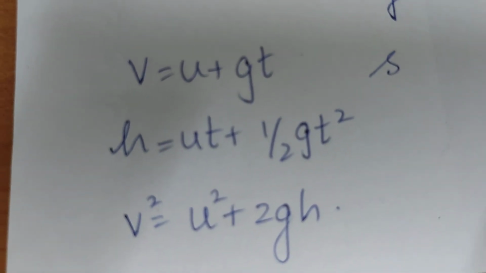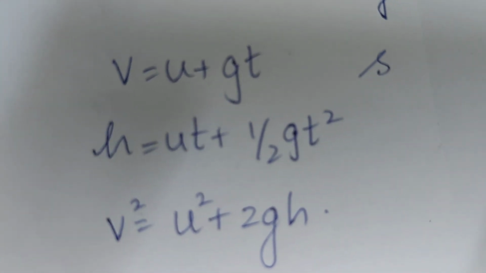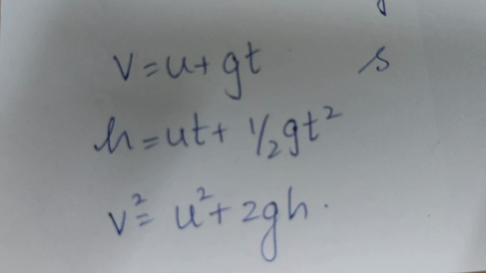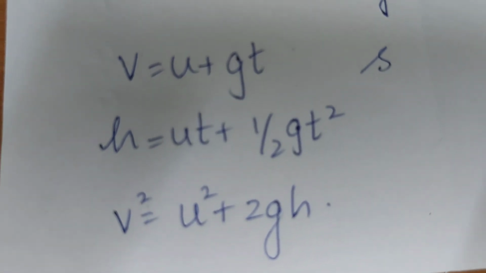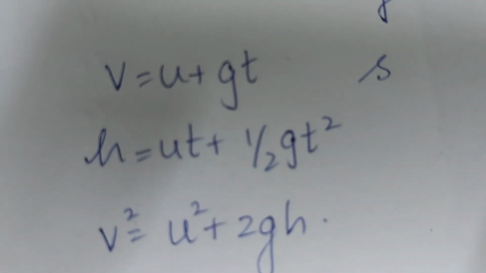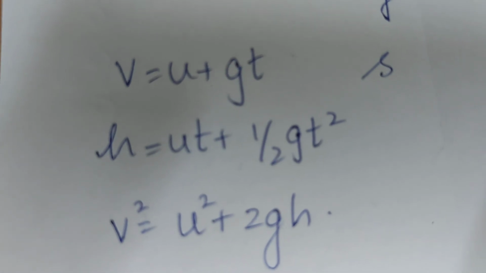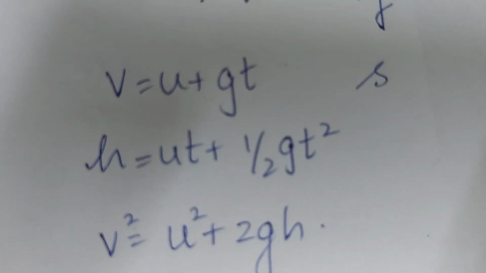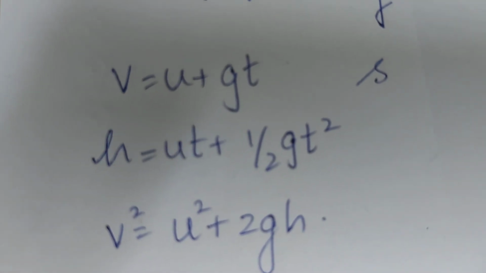You should take it plus only. So h is the maximum height attained by the body if it is thrown in the vertically upward direction, or in case of a body which is dropped from a certain height, small h represents the height from which the body is dropped.